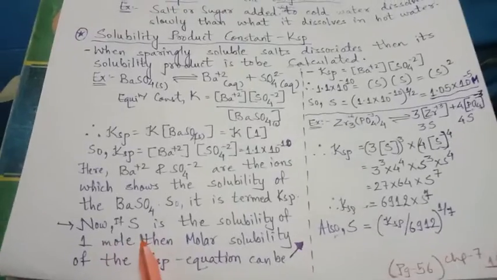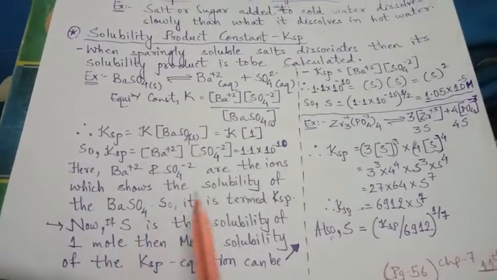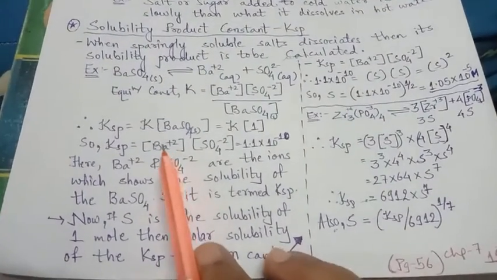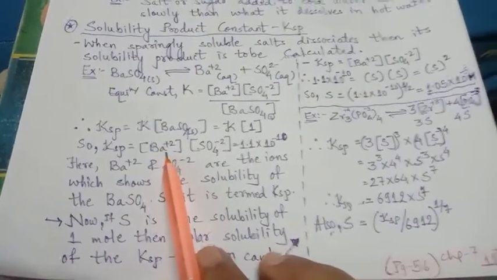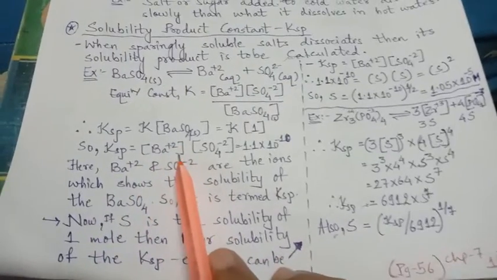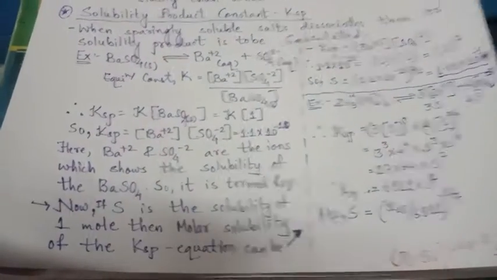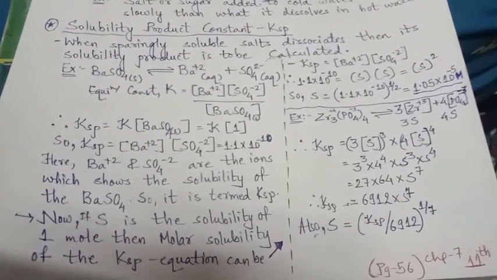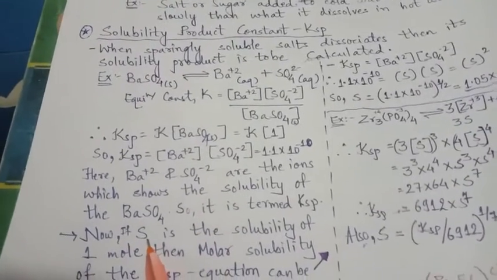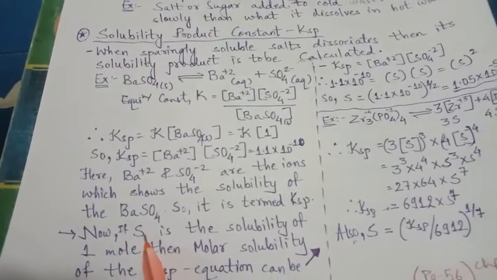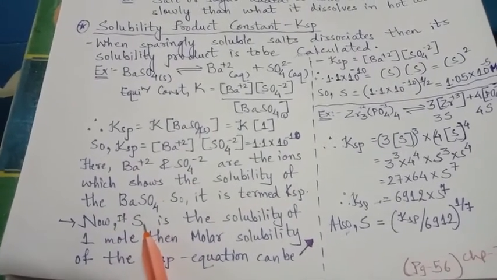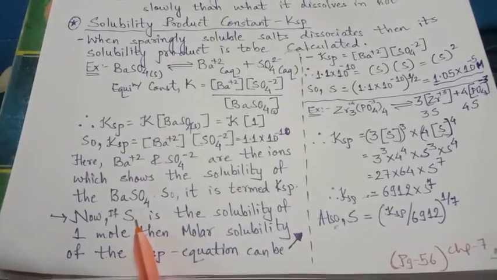Now, if we want to express this dissolved ion concentration as molar concentration, because the square bracket shows concentration in molar form, that means per liter, then we can give it the symbol capital S. You could use capital X, no problem, but X is used for many different symbolizations.